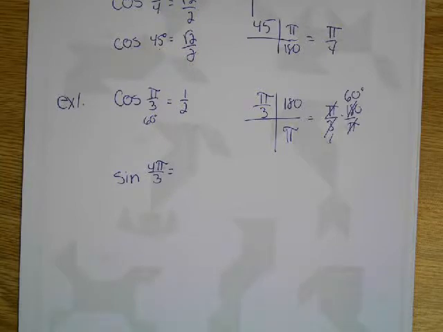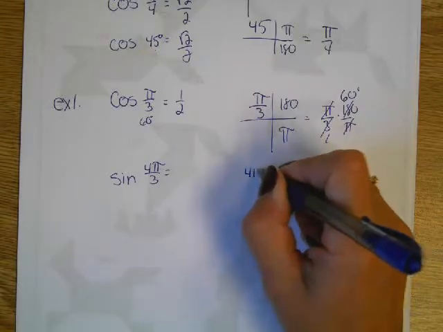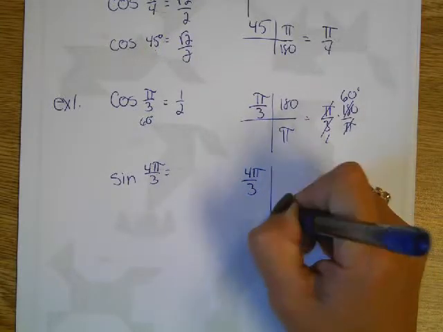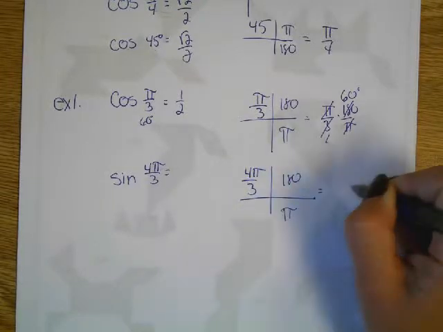So do your little conversion. If you want to do it all on the calculator, do the converting, go ahead. I'll show the work over here. Pi on the bottom times the 180.